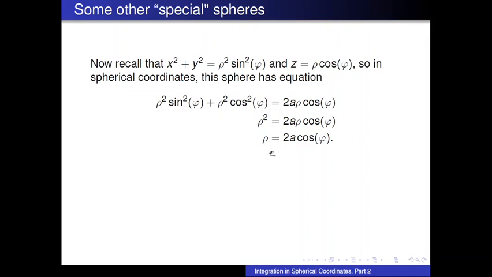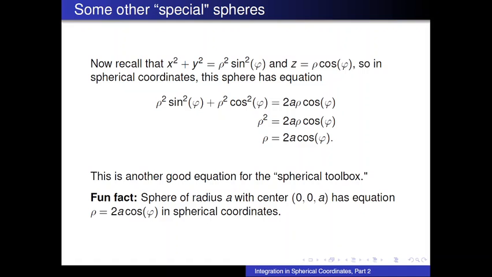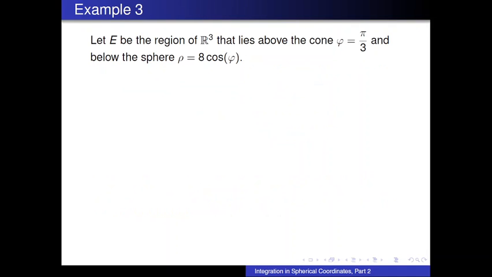This is just the spherical coordinate analog of that. So this looks like another good equation to have, so we'll just record that here as a fun fact. The sphere of radius a with center (0, 0, a) has the equation rho equals 2a times cosine of phi in spherical coordinates.